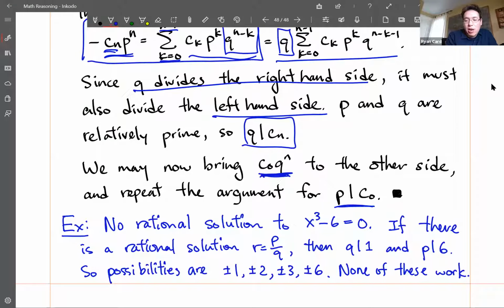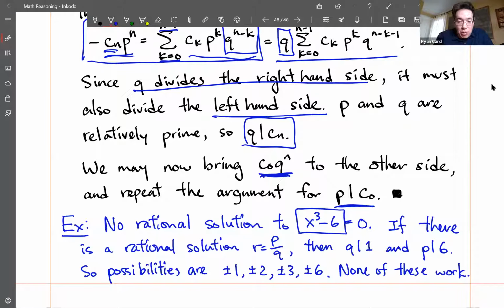So let's say you have a polynomial like this, x cubed minus 6 is equal to 0, and you're looking for roots of this. You want to see if there's a nice rational number that you can plug in, cube, and get 6.